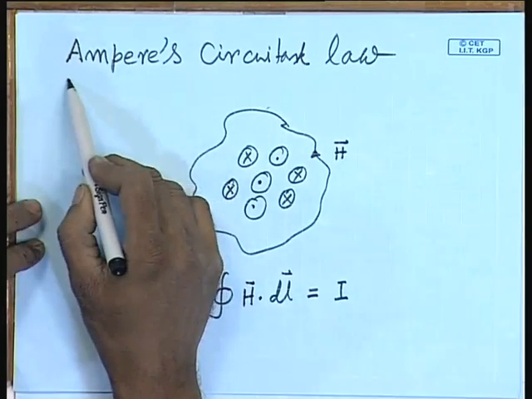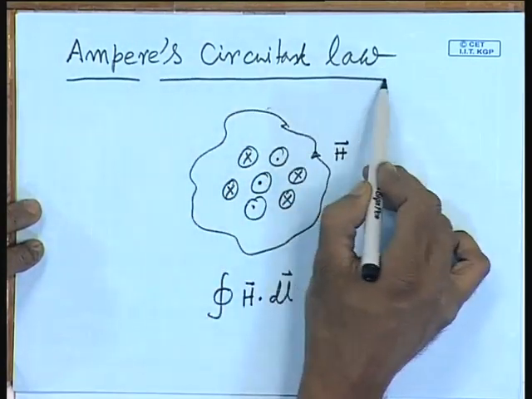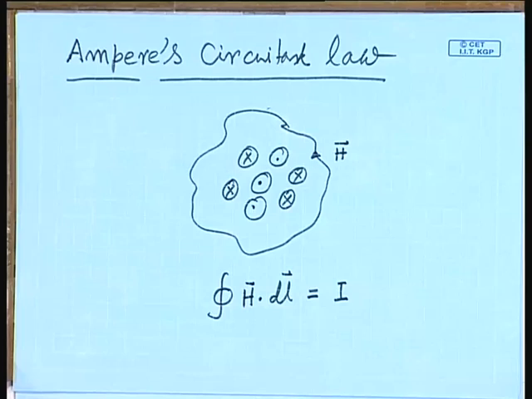This law is very convenient for finding out the flux density and the magnetic field intensity in magnetic circuits. Let us see why.